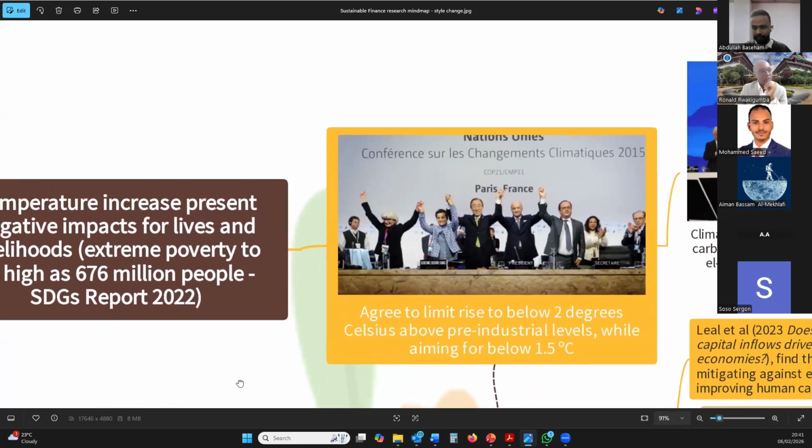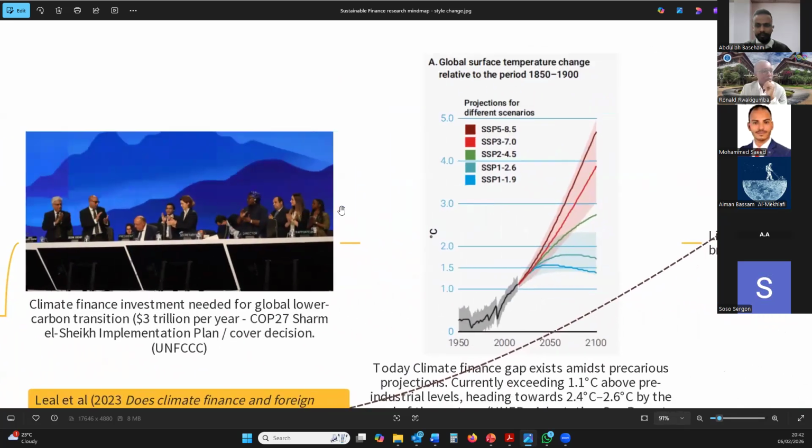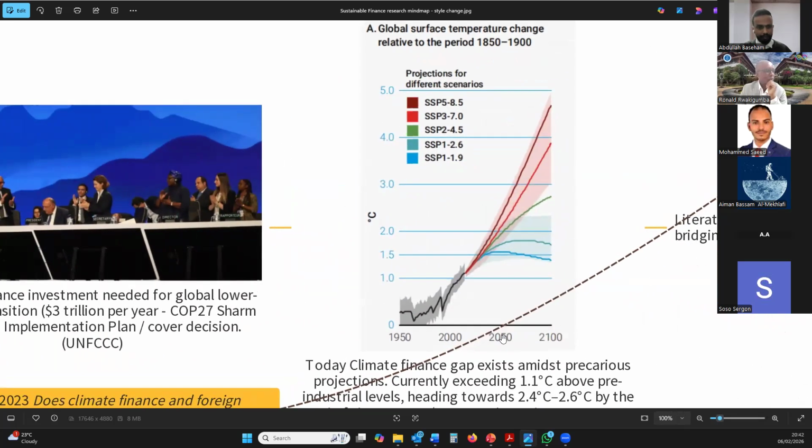And then if I fast forward, I come here and there's this projection that currently, I don't know where we are, but we are approaching 2050. And the estimate is that we are on track to actually exceed that 1.5, that it will probably be at about 2 degrees above pre-industrial level and so on and so forth.